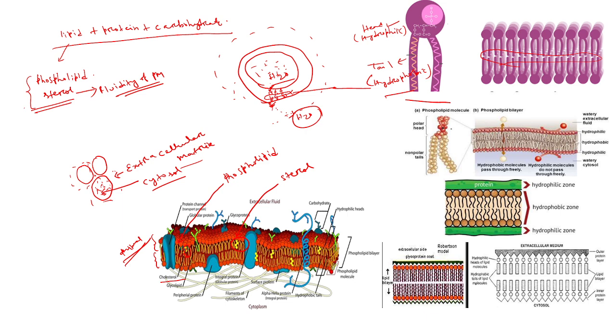In the core part, it doesn't want to interact with the water molecules. So this is the phospholipid. This is the sterol, which helps in the fluidity of the plasma membrane. Another type of lipid is also present, that is called the glycolipid.